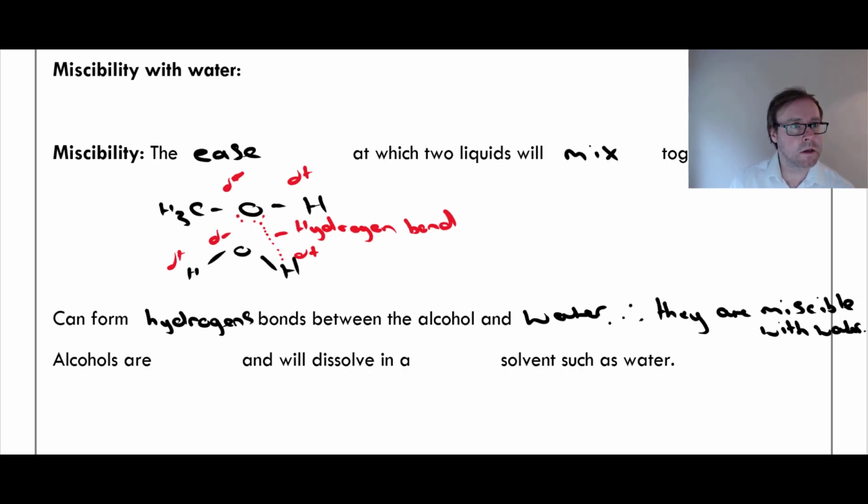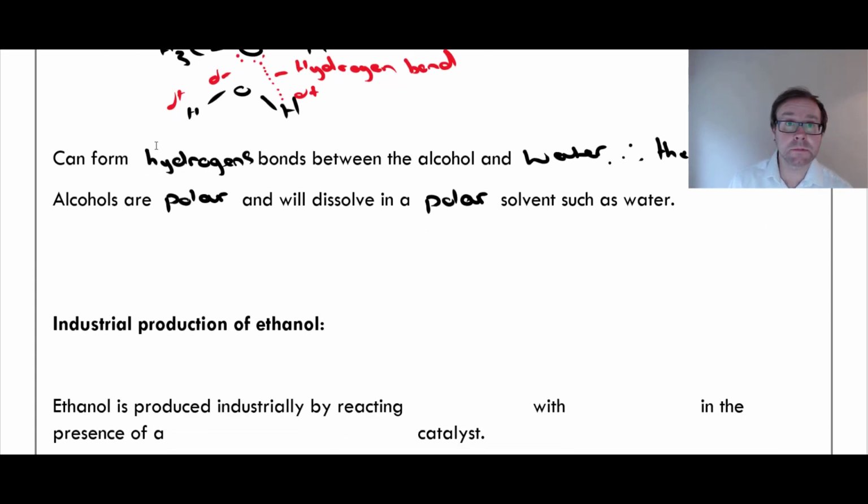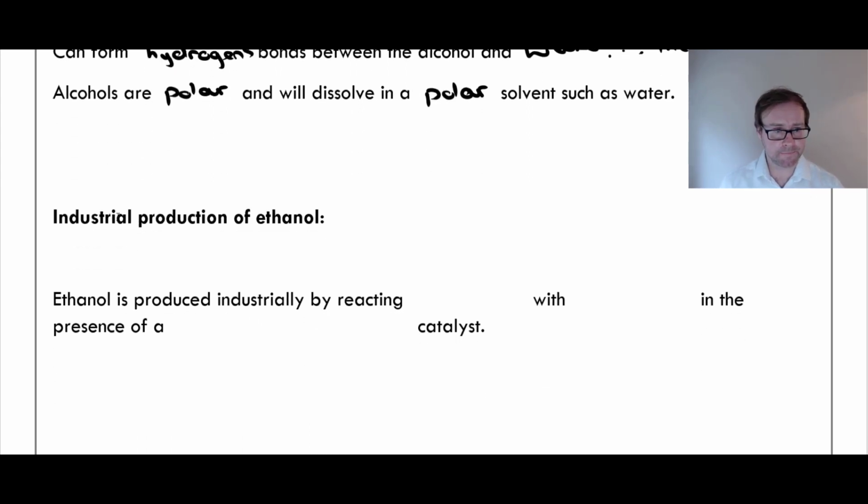Okay, so alcohols are polar and dissolve in a polar solvent such as water. Again, I'm not going to go into too much detail. You can have a look into molecular forces if you want to know more about that.